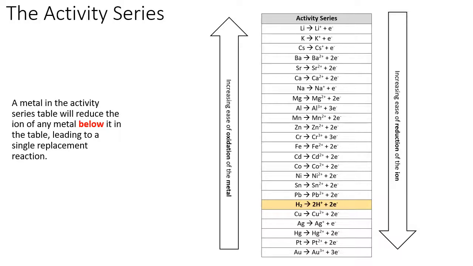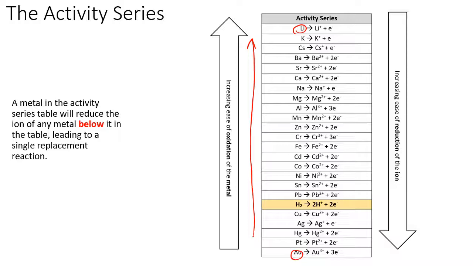As we go from the bottom all the way to the top on the left-hand side, our metals are increasing in their ease of oxidation. That means that lithium is the most easily oxidized to the lithium plus ion, and gold at the bottom is the least easily oxidized to the gold 3 plus ion.